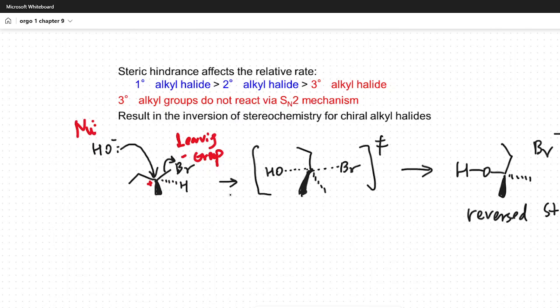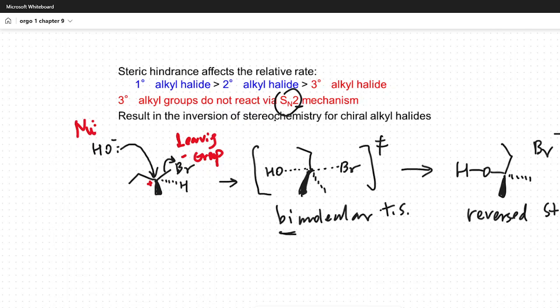Now, the key point here is that in the transition state, this is a bimolecular transition state, and that's why it's called SN2. The 2 here stands for bimolecular.